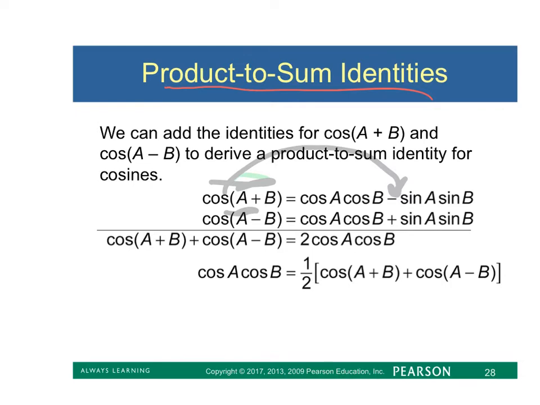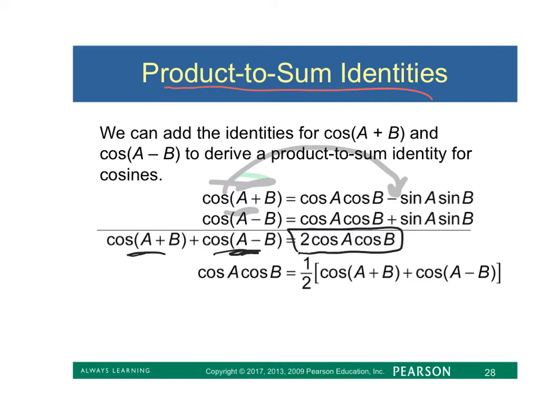well, cosine A plus B plus cosine A minus B is a sum and difference of two angles at the same time. You put that together, it turns out to be 2 cosine A cosine B, but you've not seen that before.